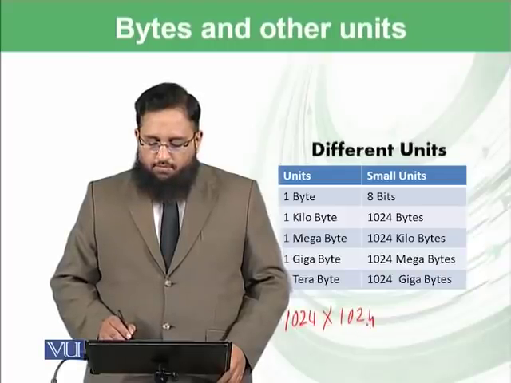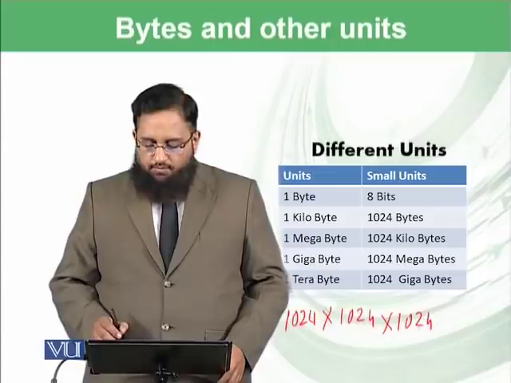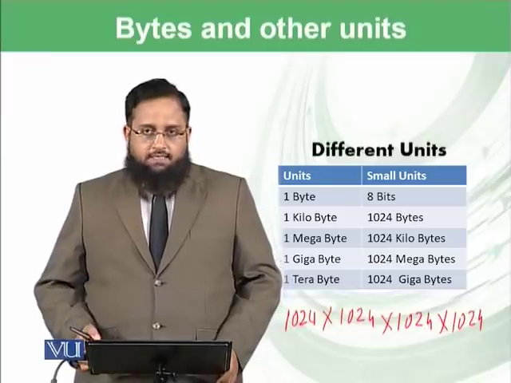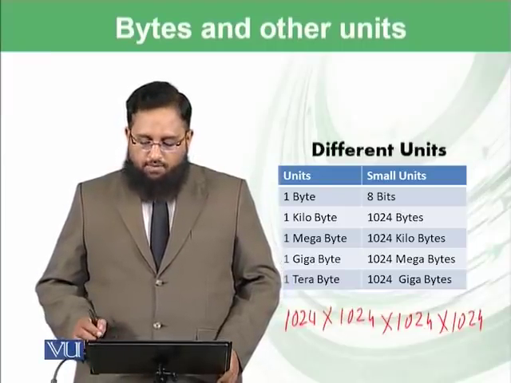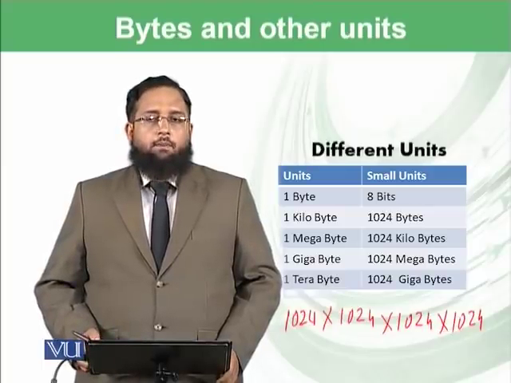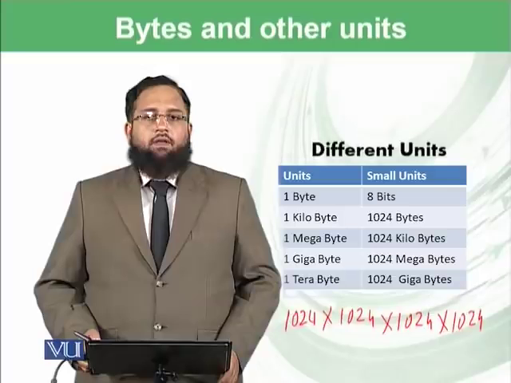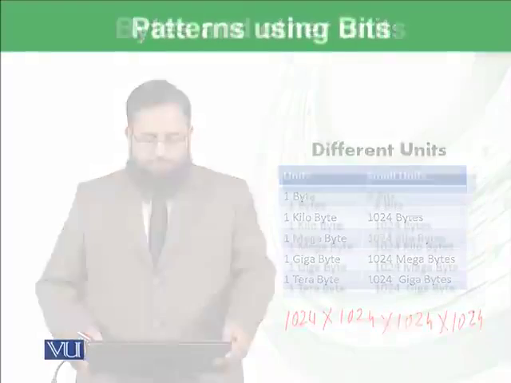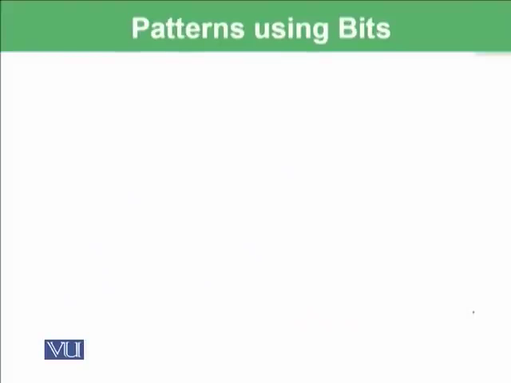So it will become megabytes, and then multiplying by 1024 will become kilobytes, and then by 1024 will become bytes. So if you multiply all of these numbers, then you will achieve the number of bytes in your hard drive which can be saved.